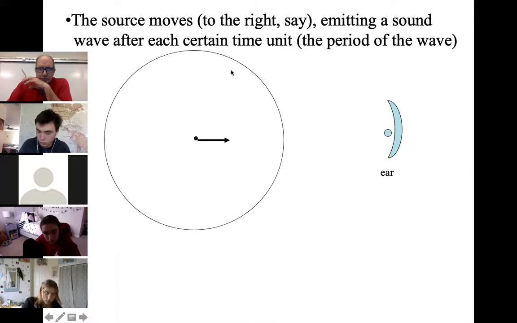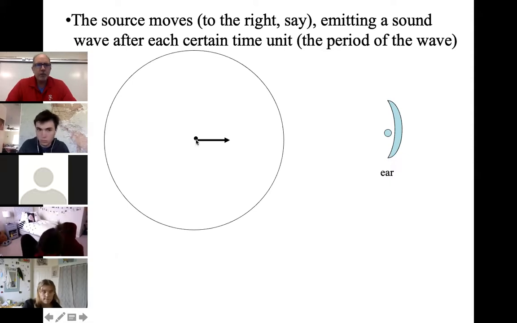Now, as the source moves, let's say this is the source moving to the right. This was the sound wave emanated a little while ago, when the source was here.